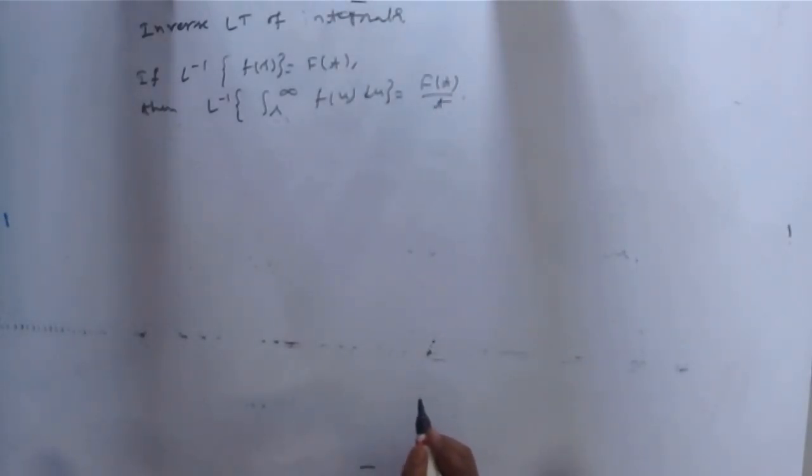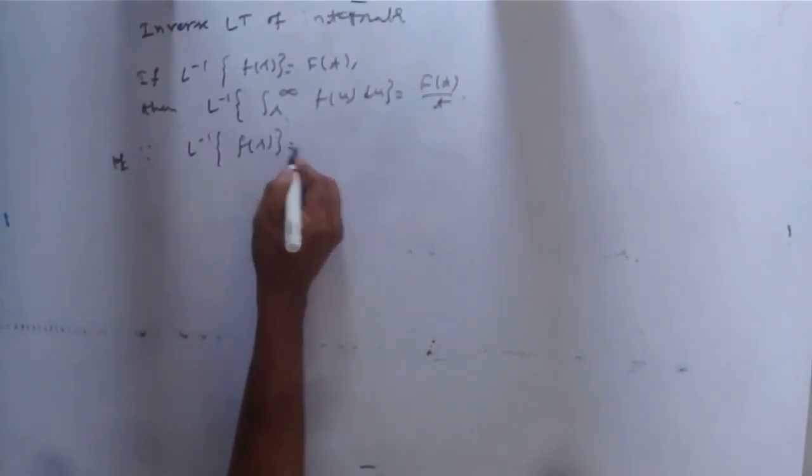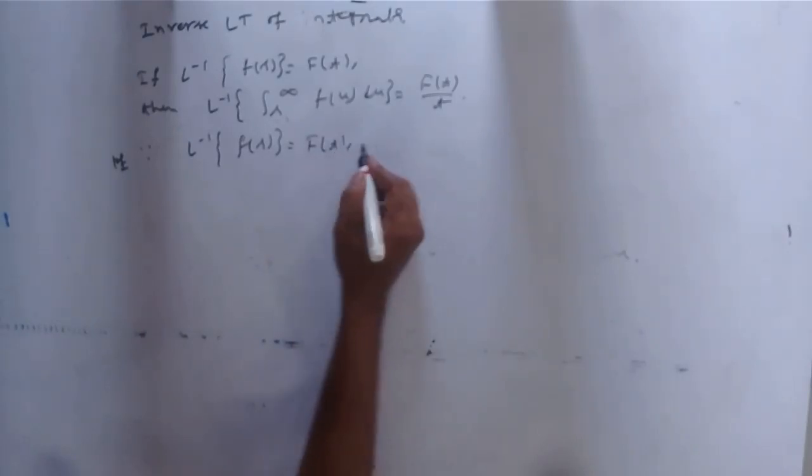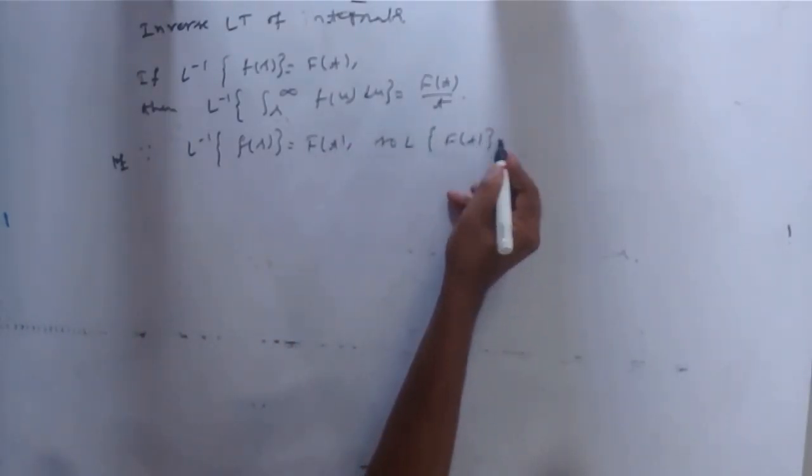Okay, let's prove this. The proof is very simple. Since L inverse of F(s) equals f(t), so L of f(t) equals F(s).